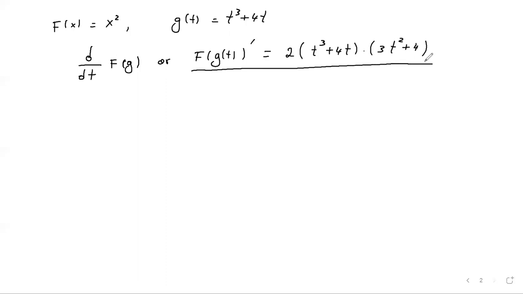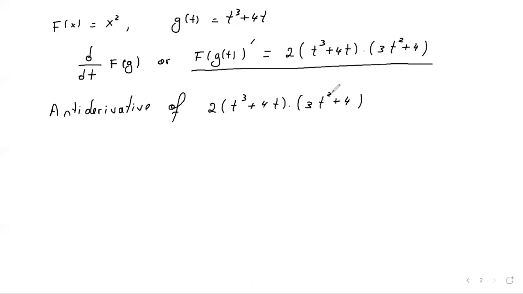And the derivative being that, we are going to look at the opposite way. We're going to look at the antiderivative. So the antiderivative of 2 times t cubed plus 4t times 3t squared plus 4 is going to be the function we started with, which is t cubed plus 4t squared.